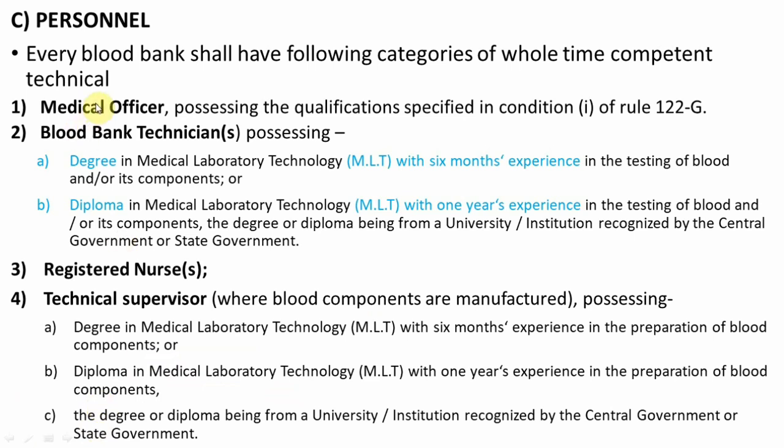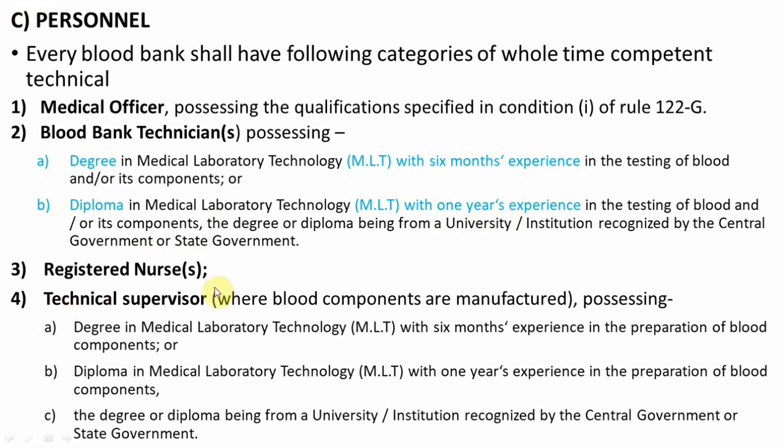C. It is personnel. Every blood bank shall have the following categories of full-time competent technical staff. First, medical officer. Second, blood bank technician. Blood bank technician should have a degree in medical laboratory technology with 6 months experience, or a diploma in MLT with 1 year experience.